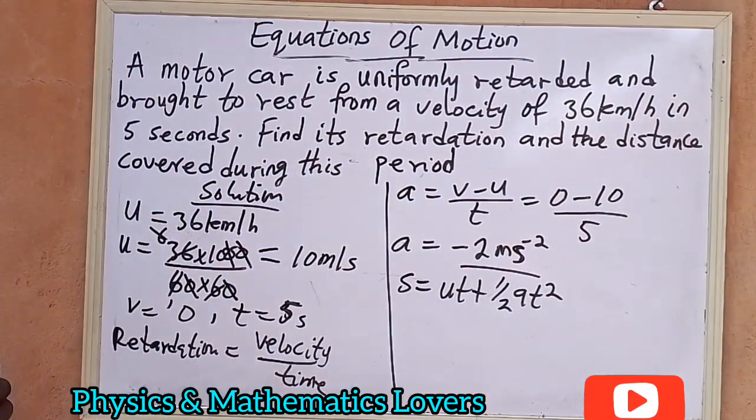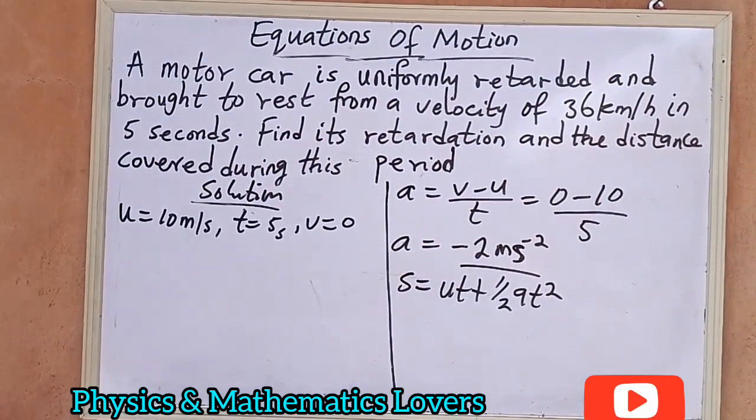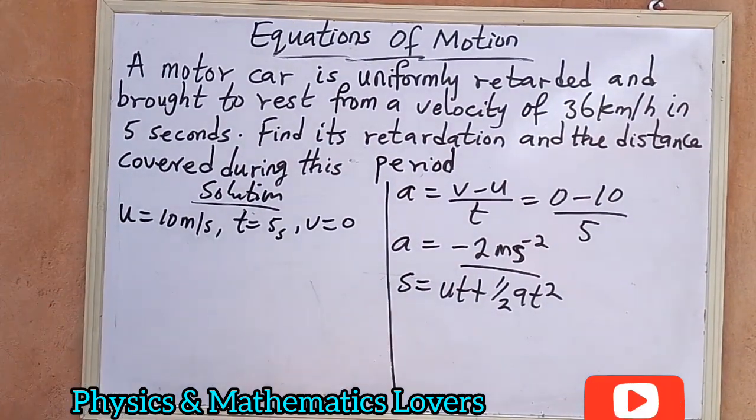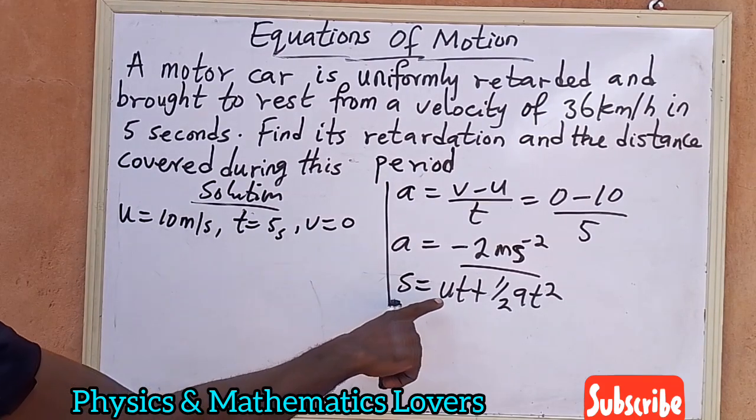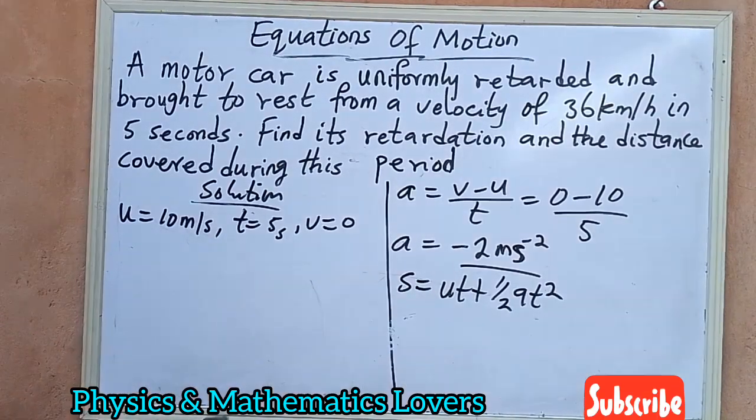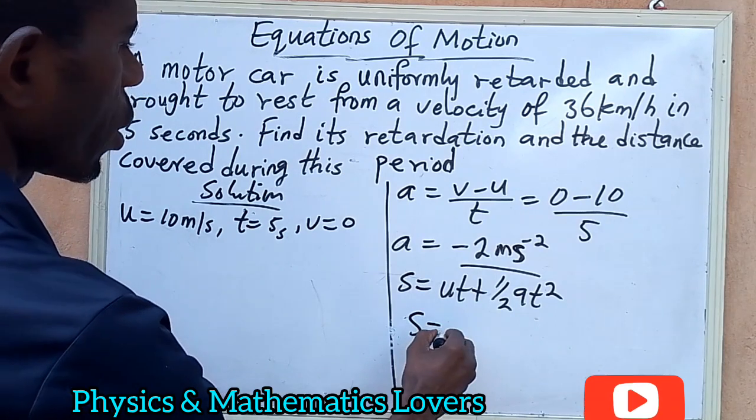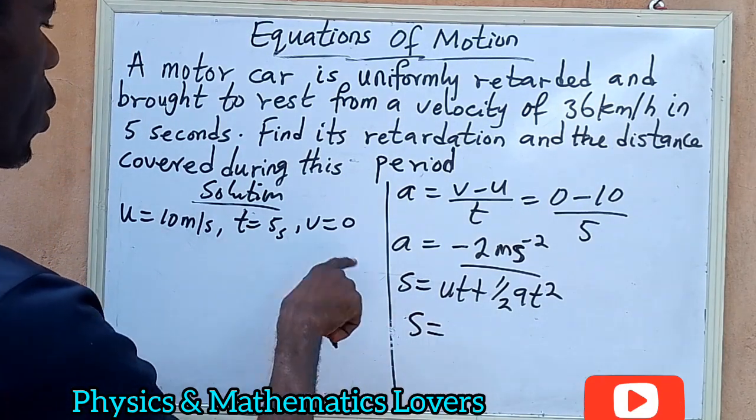Good. Now we can calculate our distance from this equation. Let's finish it from the other side. Now we are going to calculate the distance. We already know that our initial velocity is 10.